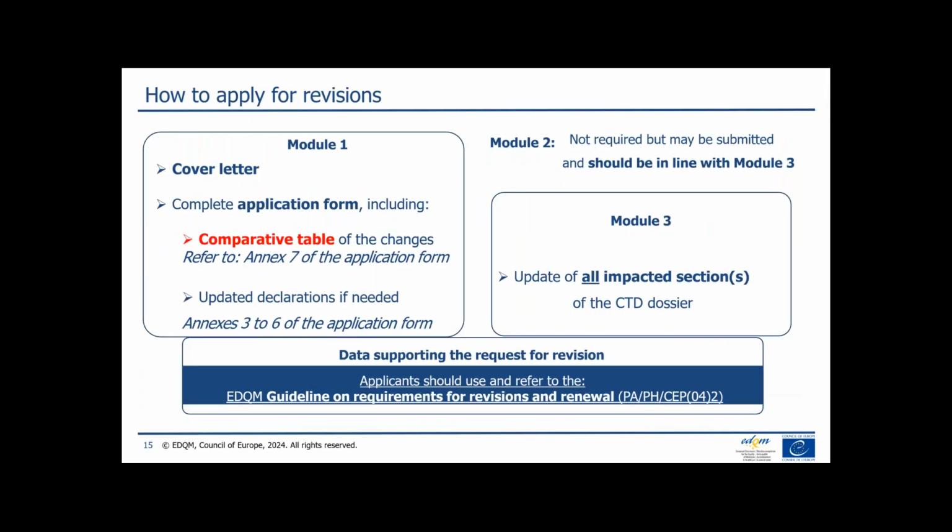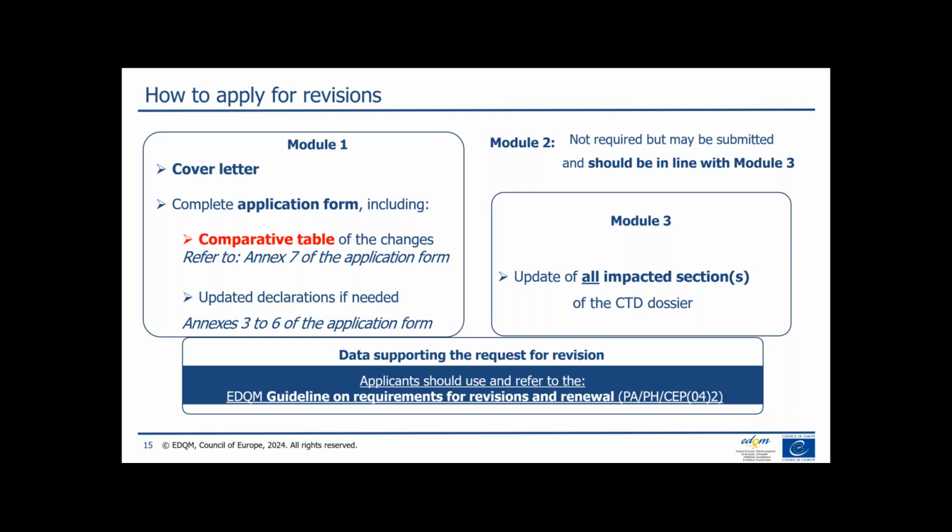How to apply for revisions? So you are basically updating the content of the CTD, of the dossier, module 1, module 2, module 3. Module 1 with a cover letter explaining the changes you're introducing in the process.